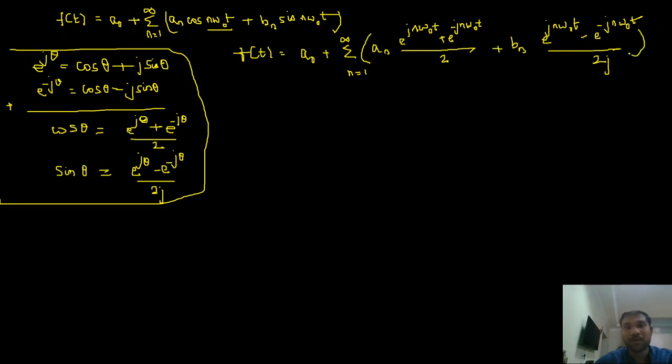Right, this is my expression now. Now what will I do? I can separate the terms based on e^(jnω₀t) and e^(-jnω₀t). So I will write a₀ plus summation n equals 1 to infinity e^(jnω₀t).